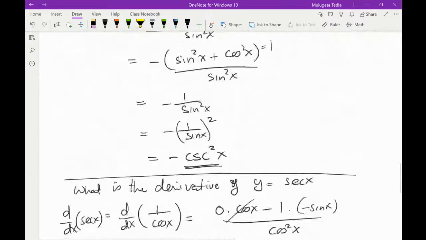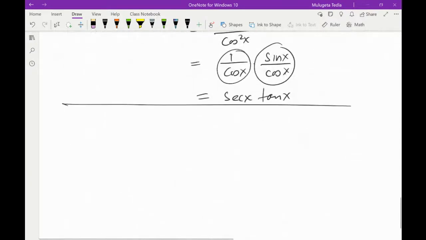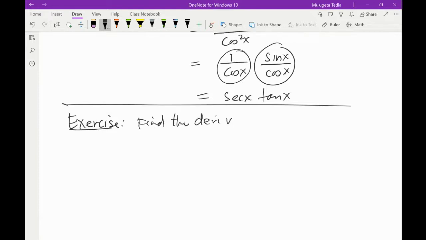All right. The last one is cosecant. So number 6 is okay. Exercise. I will leave that for you. It's the same pattern. Find the derivative of y equal to cosecant of x.